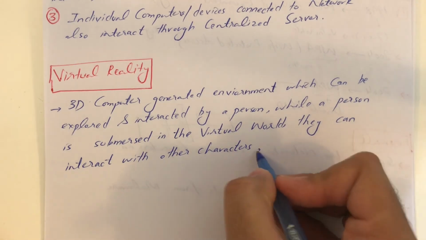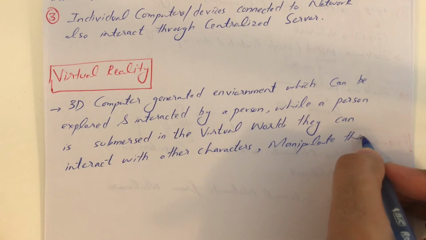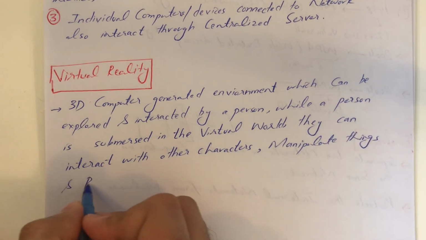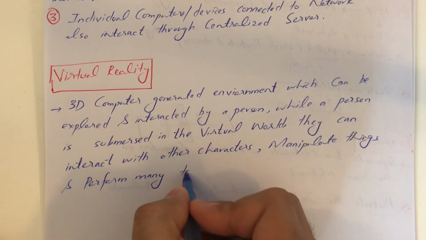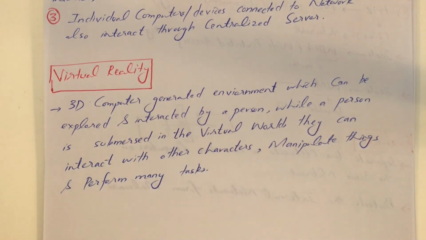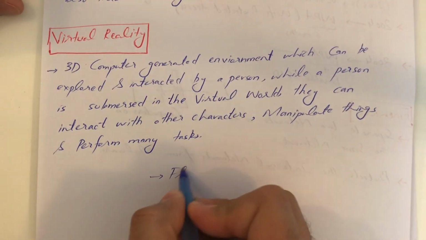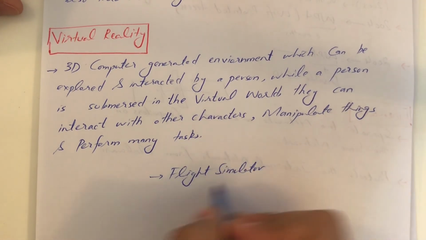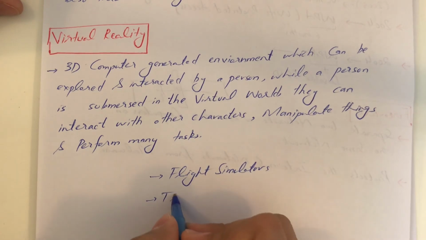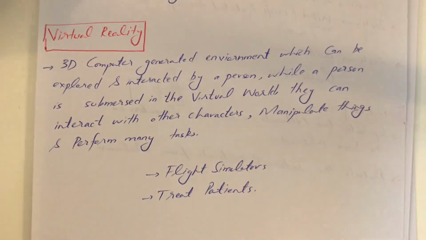Other characters can manipulate things, and they can also perform many tasks as well. So virtual reality is not only for entertainment; you can also use it to train your pilots, for example flight simulators, and treat patients, like phobias and all that stuff.